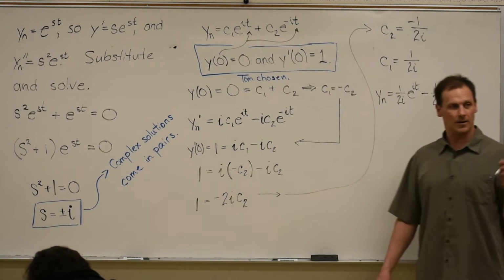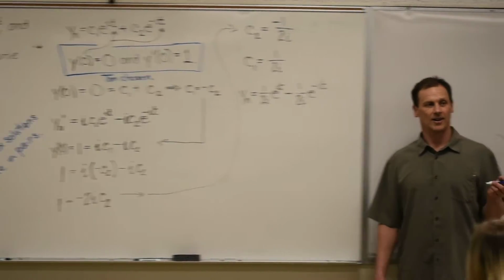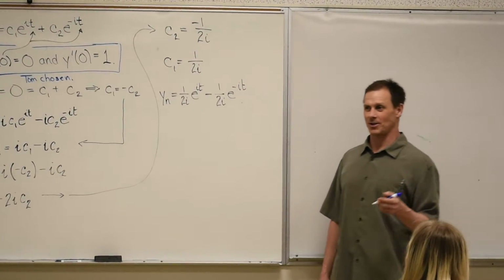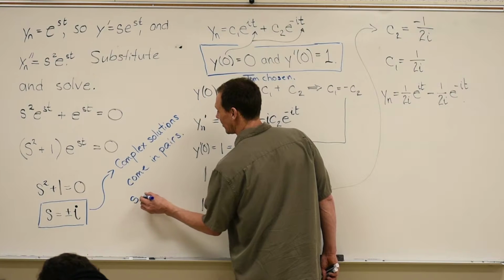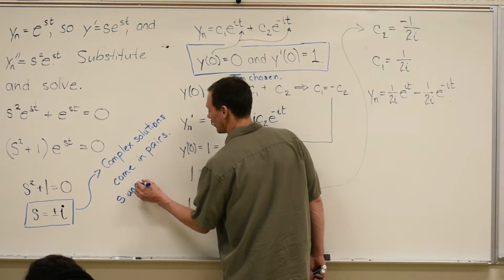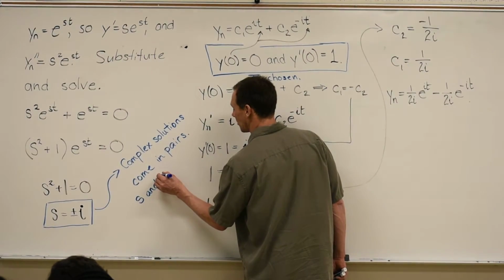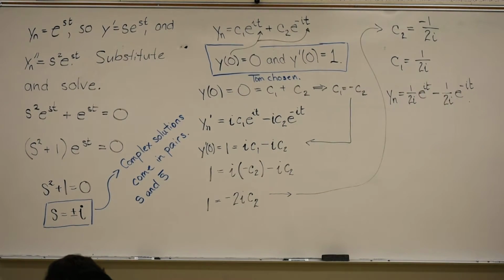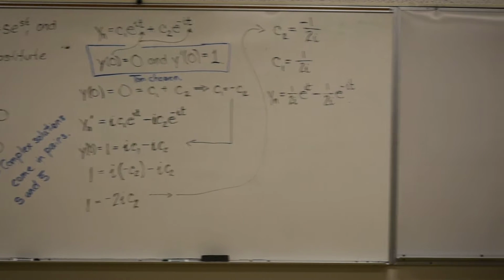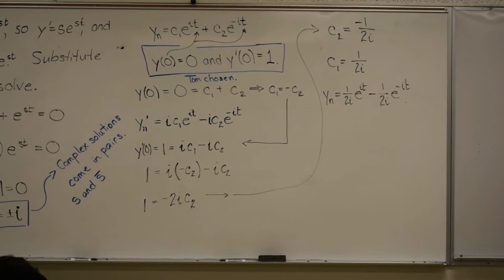So you get the value for S, and you get the other value, which we call its conjugate. So you really are getting S, and its complex conjugate S bar. Whenever you have one, you've got a second one. If you don't, something went wrong.